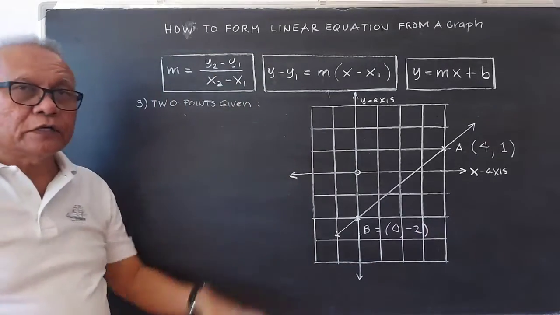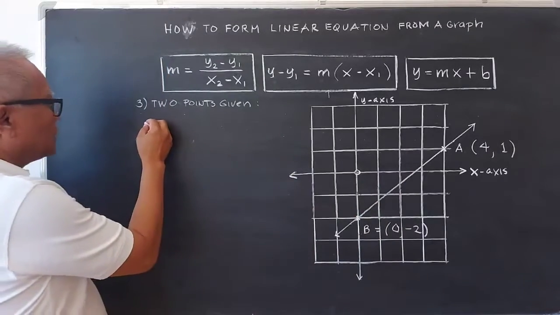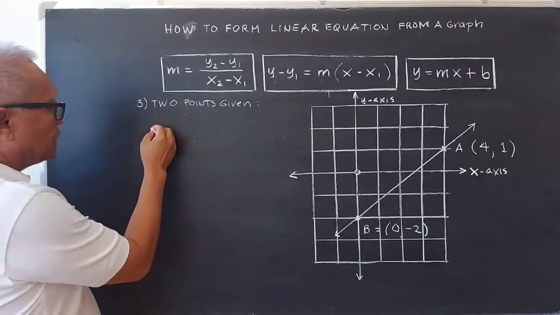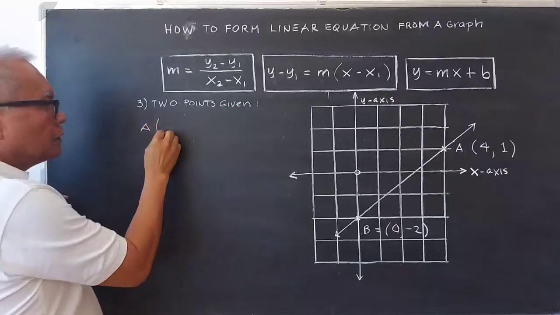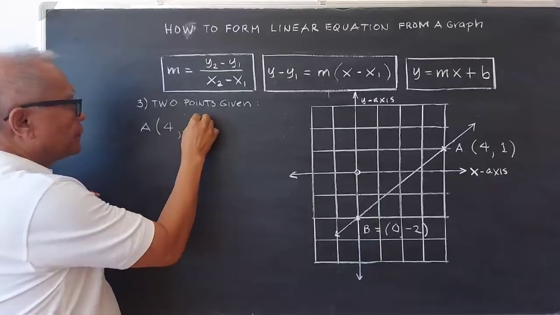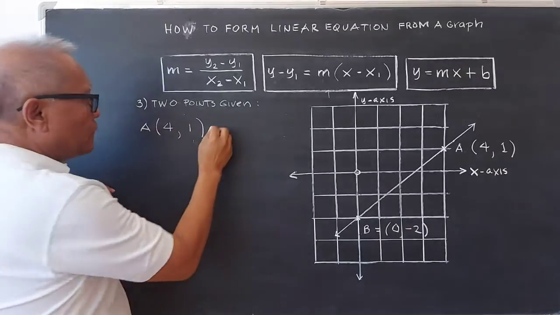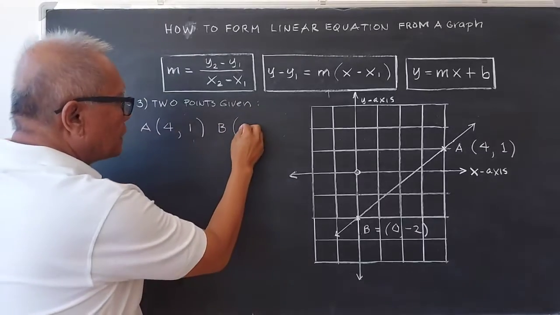So we have the coordinates of these 2 points. Let us put here the coordinates of this A and B. So for A, here we have 4, 1. And for B, we have 0, negative 2.